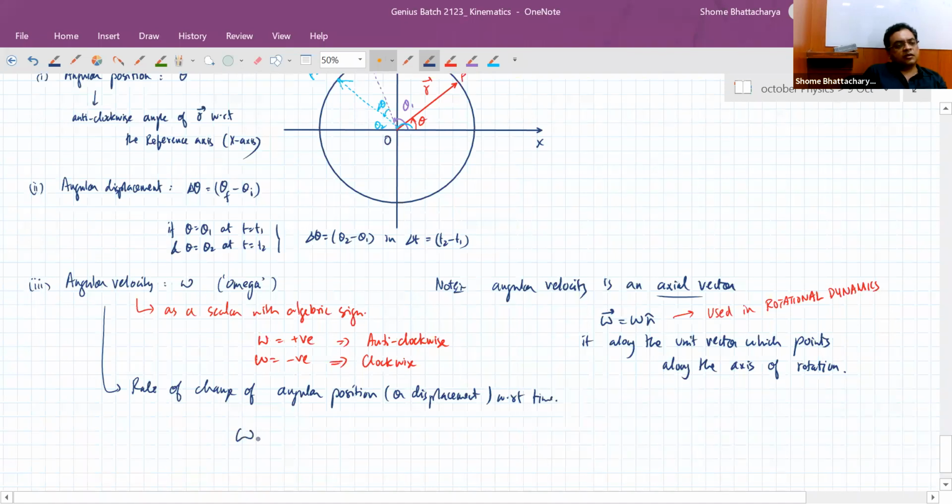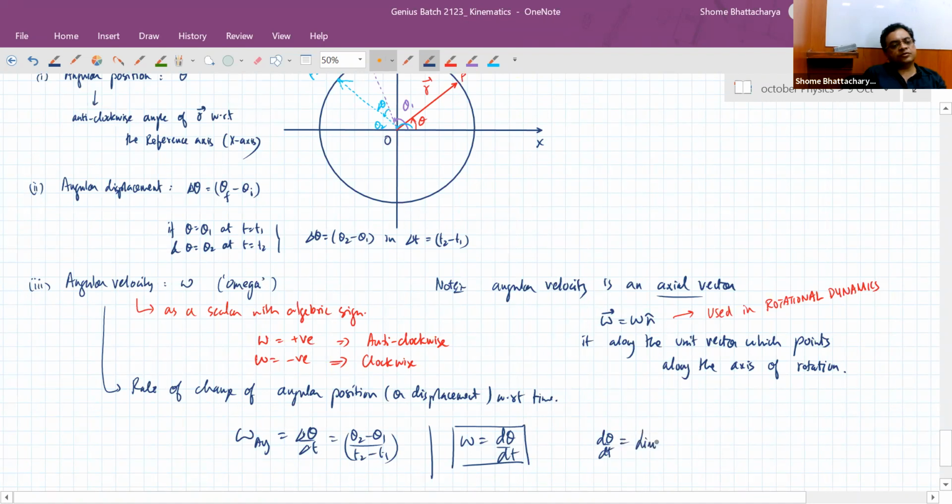So once again, average angular velocity is the average rate of change of position with respect to time, and instantaneous angular velocity is the instantaneous rate of change. Officially we can see that the definition of instantaneous rate of change is like this, but that we don't need because we already know differentiation.